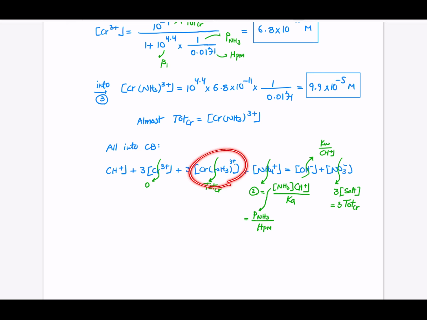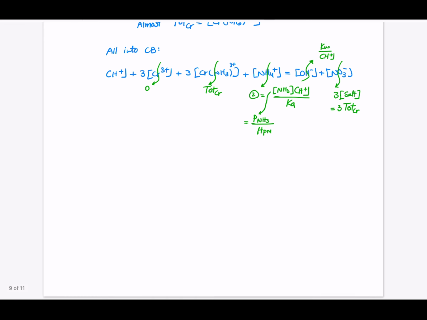So as you see, this will be cancelled by this one. Just a little bit of simplification. So if we rewrite it a little bit, then this would be H plus, 3 times total chromium, plus PaNH3 HPm H plus Ka equal to Kw over H plus, 3 times the total chromium. So this would be cancelled by this one.